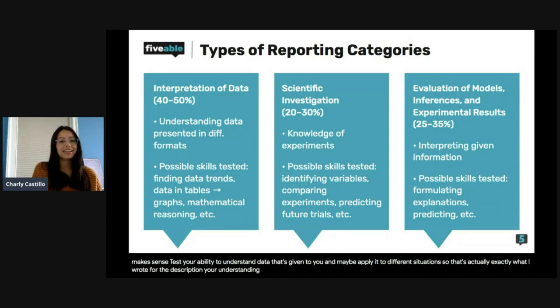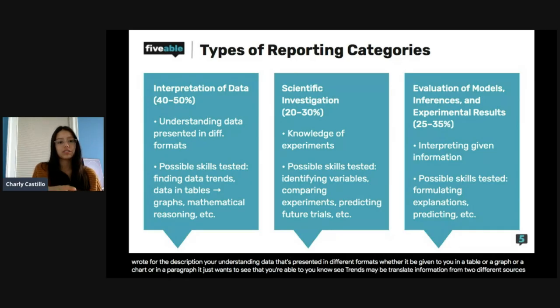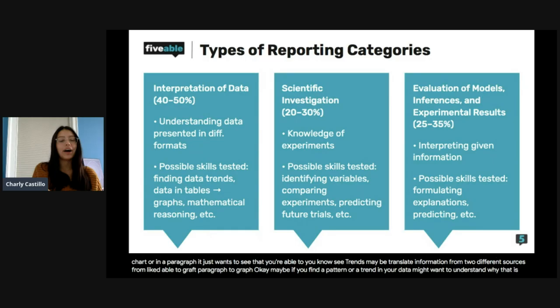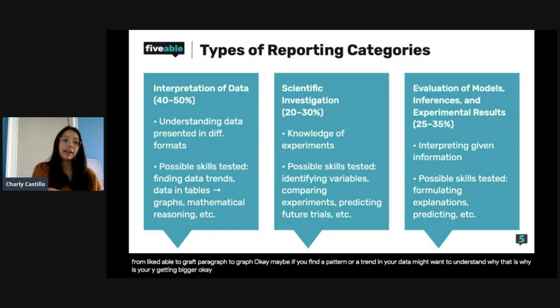You're understanding data that's presented in different formats, whether it be given to you in a table or a graph or a chart or in a paragraph. It just wants to see that you're able to see trends, maybe translate information from 2 different sources, from table to graph to paragraph to graph, and reason things mathematically. Maybe if you find a pattern or a trend in your data, you might want to understand why that is. Why is your Y getting bigger? Oh, because my X is also getting bigger, or something like that. So that's the majority of this exam.